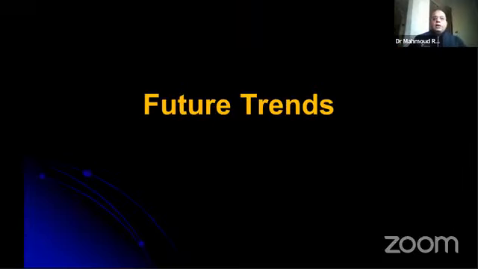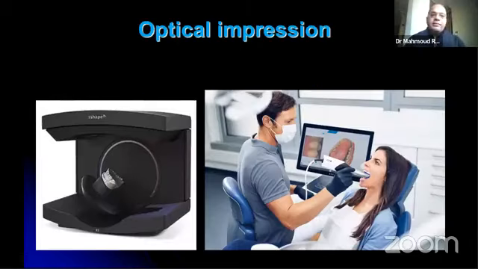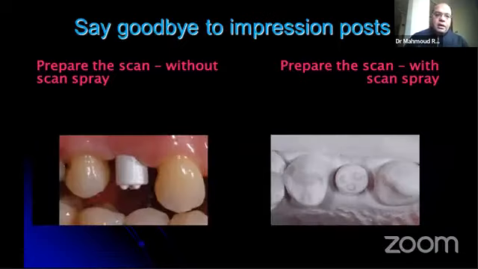this is the old or conventional impression technique. What is in the future is the optical impression. You can use an intraoral scanner for scanning your abutments, as you see here.